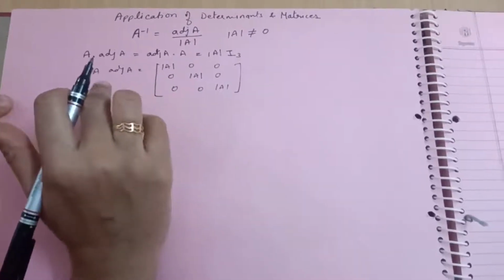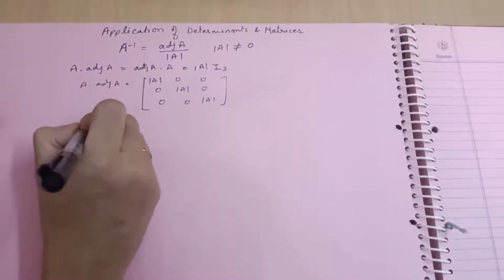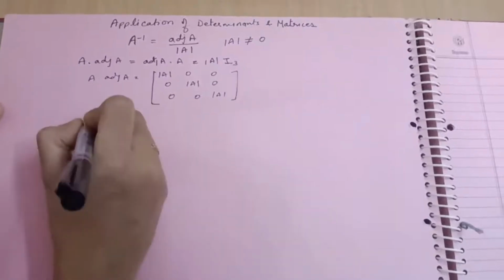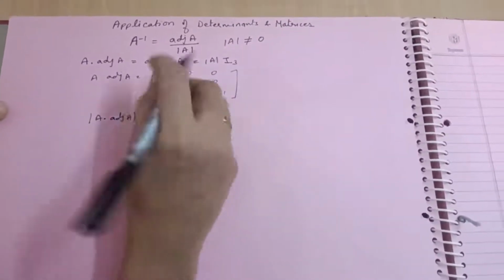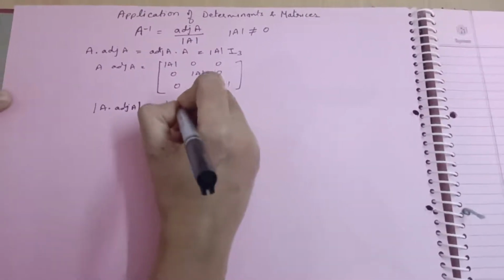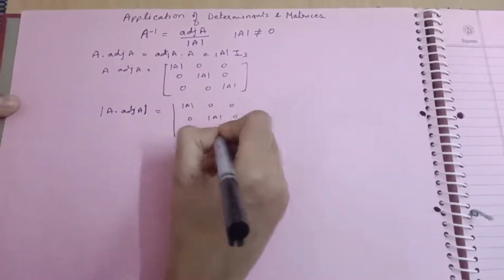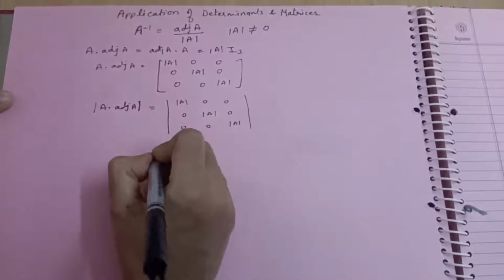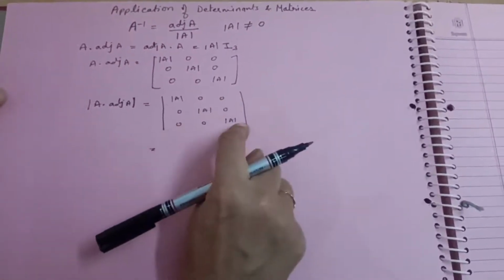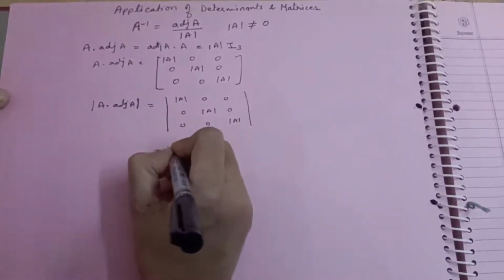Now how to get the determinant of adjoint A? I am taking determinant on both sides, so determinant of A dot adjoint A equals the determinant of this matrix with determinant A on the diagonal and zeros elsewhere. Determinant A is common from each row, and in a determinant we can take common from each row, so it will be determinant A cube.